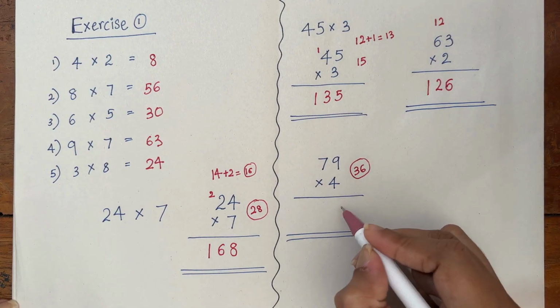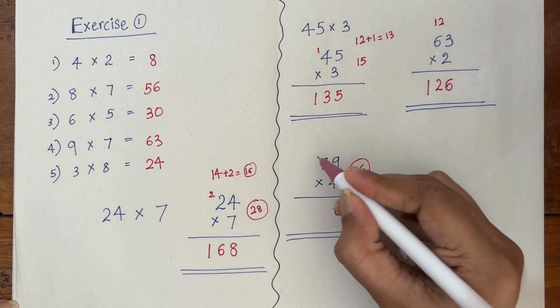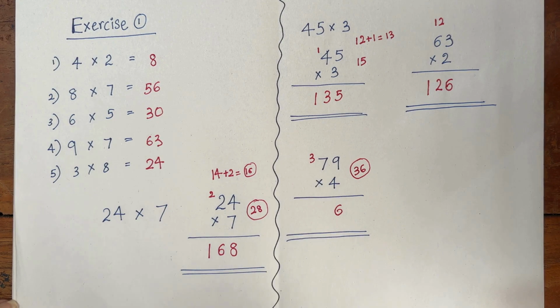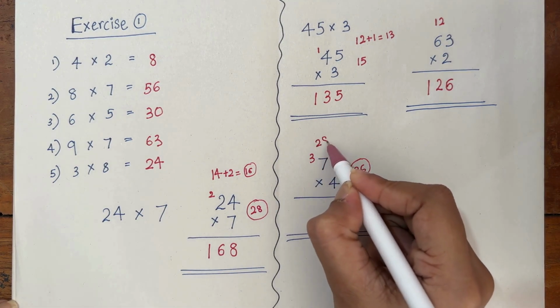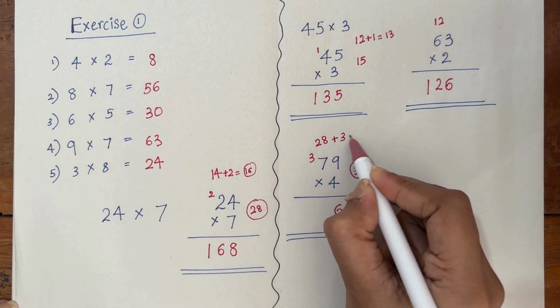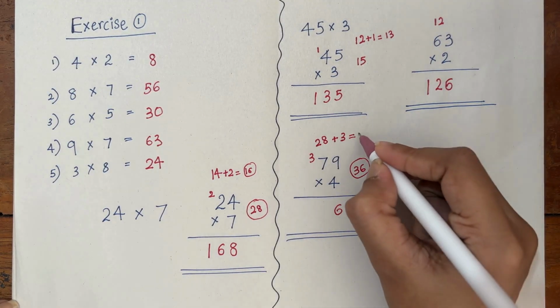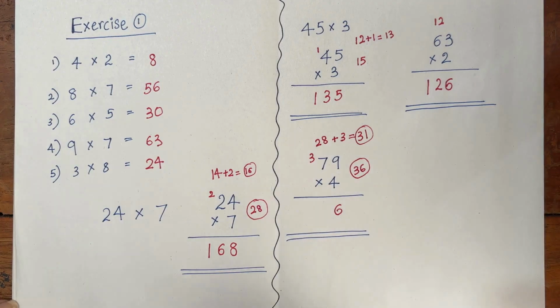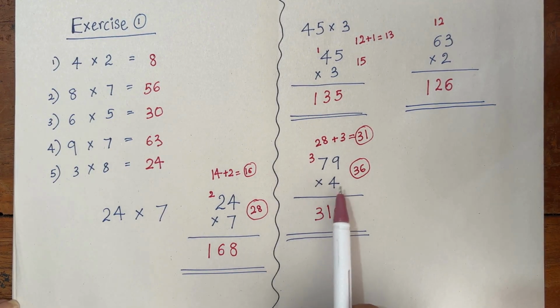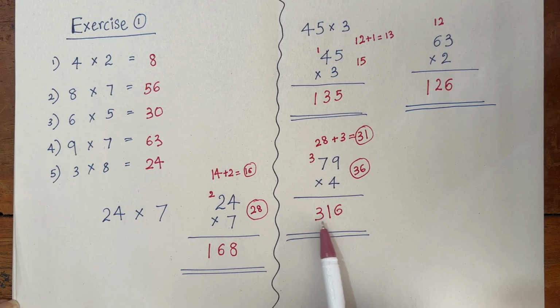We keep this 6 here. Take this 3 here. Then 4 times 7, 28 plus this 3. How much? 31. 79 times 4, the answer is 316.